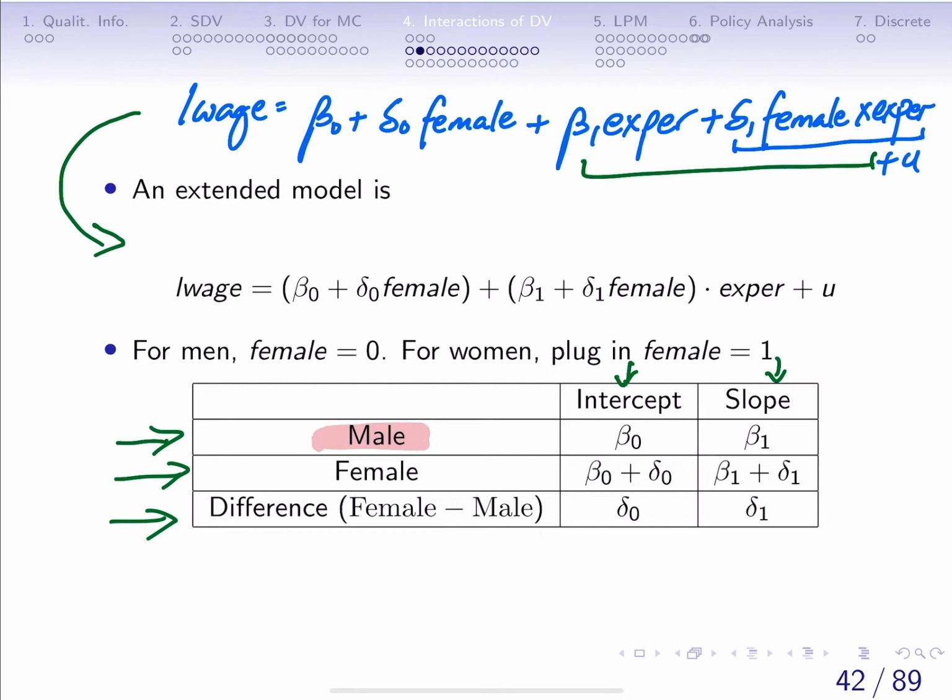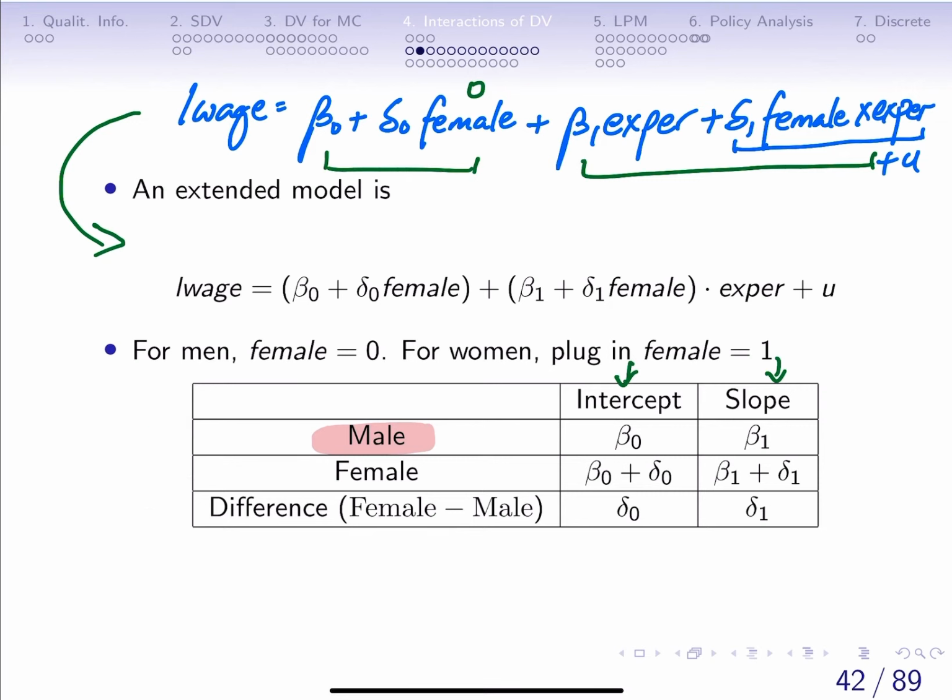Let's take the intercept for males. We're plugging in female equal to 0 for the intercept term, so the intercept is just beta naught, and that's what we have here. Similarly, you can figure out the rest of the table.